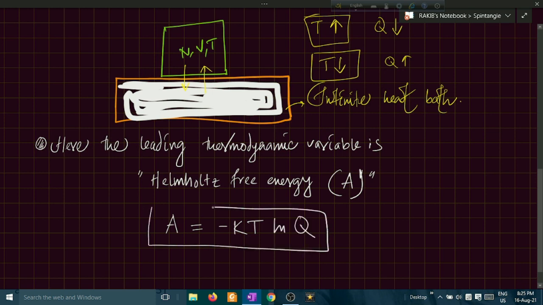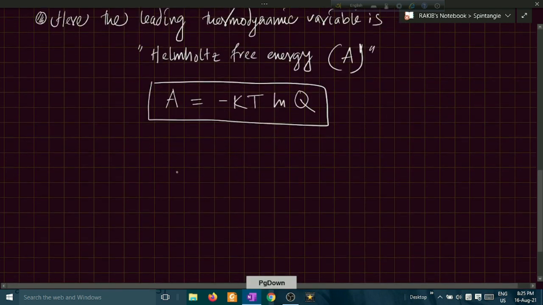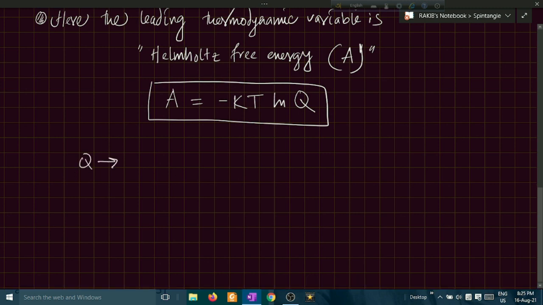What is Q here? Q is called the single particle partition function. Write this down and I will be discussing this topic.